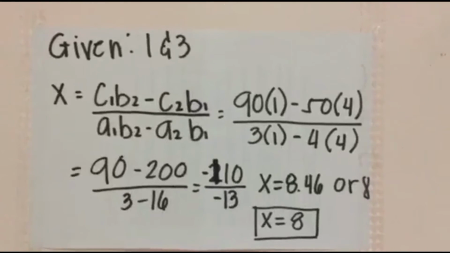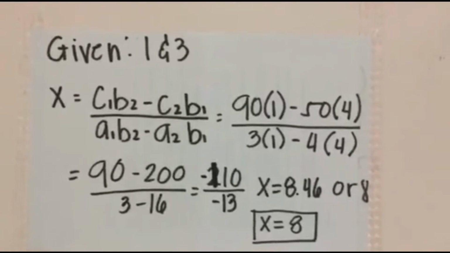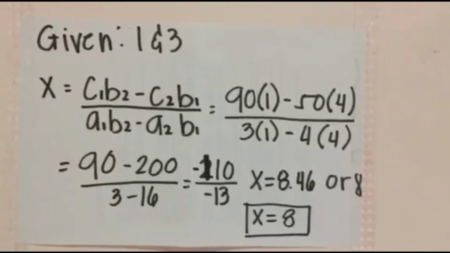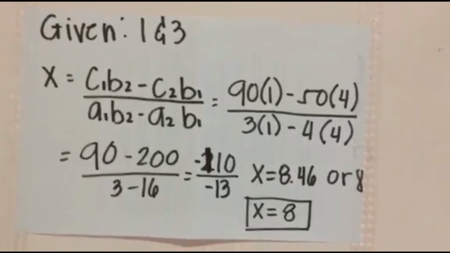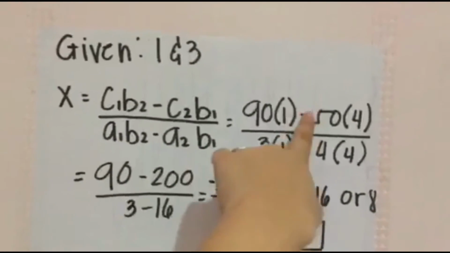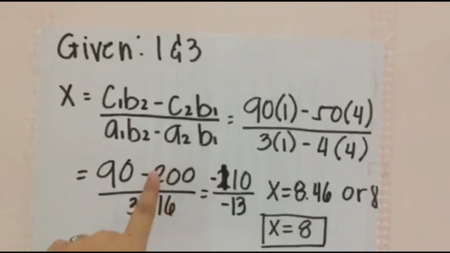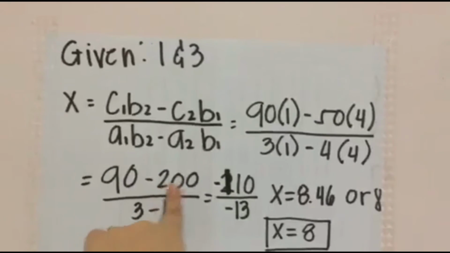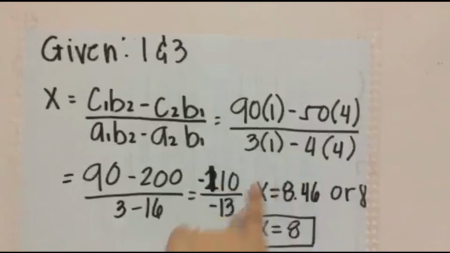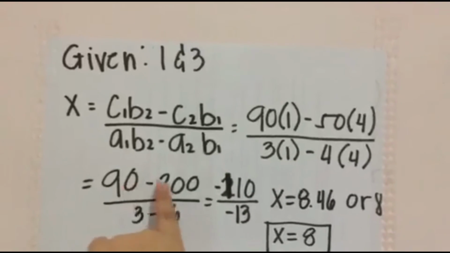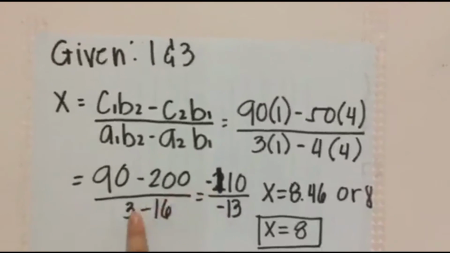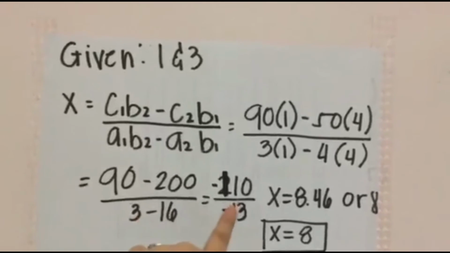Next is given 1 and 3. For x, C1 times B2 minus C2 times B1, over A1 times B2 minus A2 times B1. 90 times 1 equals 90. 50 times 4 equals 200. 3 times 1 equals 3. 4 times 4 equals 16. 90 minus 200 equals negative 110. 3 minus 16 equals negative 13.